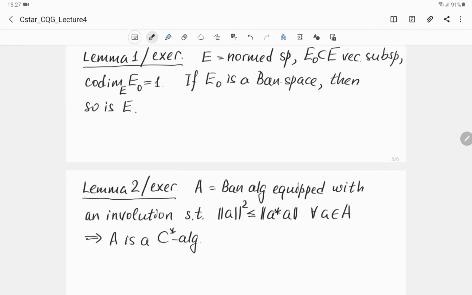In other words, if such an inequality holds for each element in our algebra, then the involution is automatically isometric and the C-star axiom holds. This is an easy exercise for you.